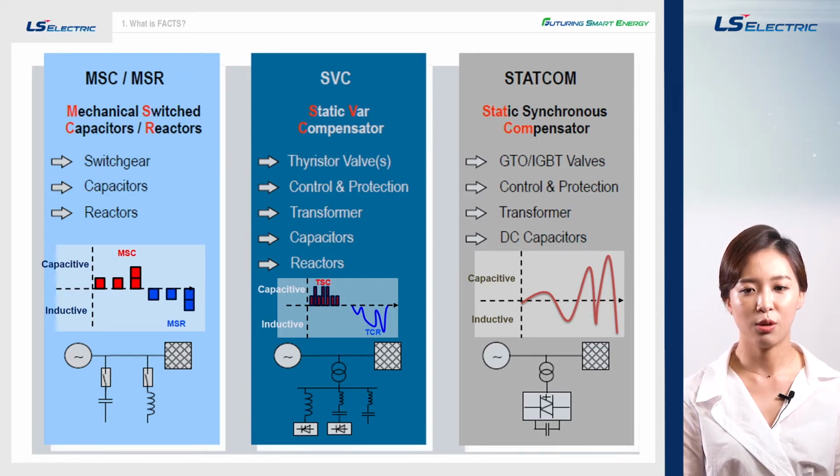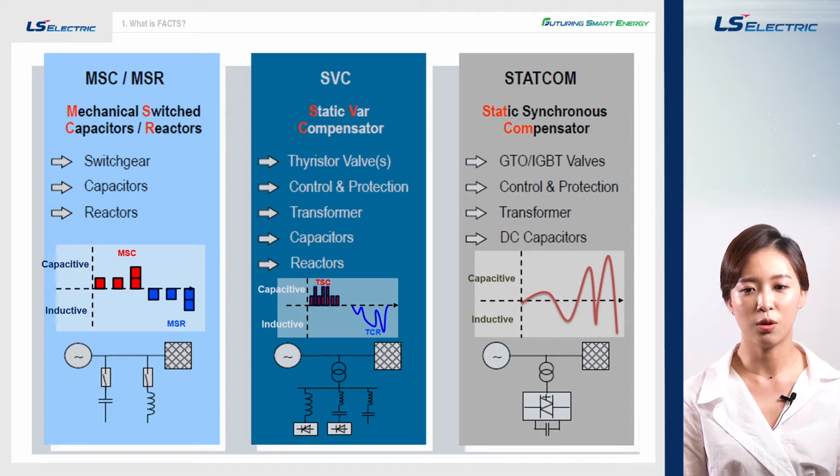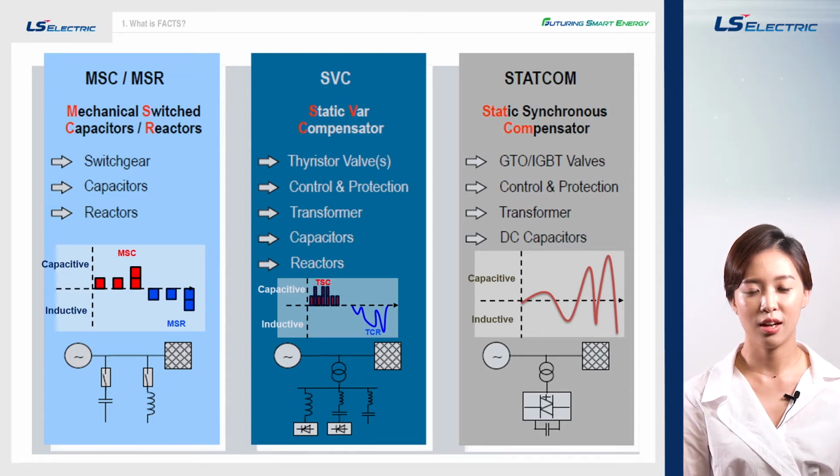Likewise, SVC, which is the second generation system, also uses passive elements. However, a thyristor valve is used instead of a mechanical switch in order to continuously control reactive power. But still, SVC also has its downside on installation space.